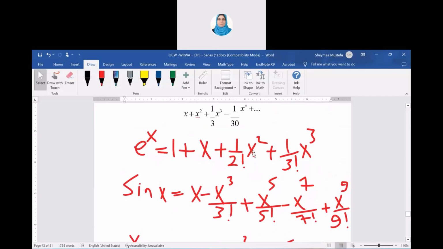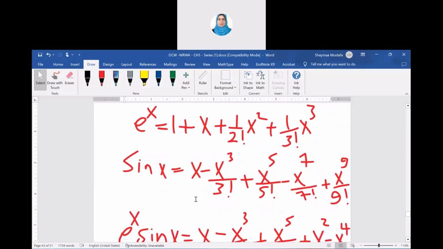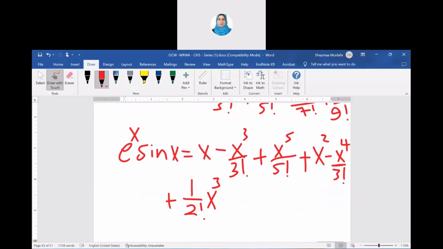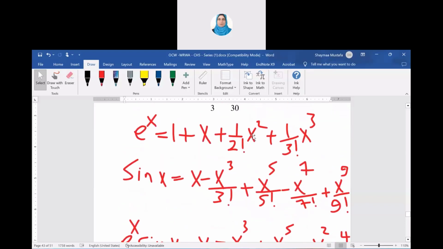Now 1 over 2 factorial x squared multiplied by minus x cubed over 3 factorial is equal to minus 1 over 2 factorial 3 factorial multiplied by x to the power 5, because x squared times x cubed is x to the power 5.